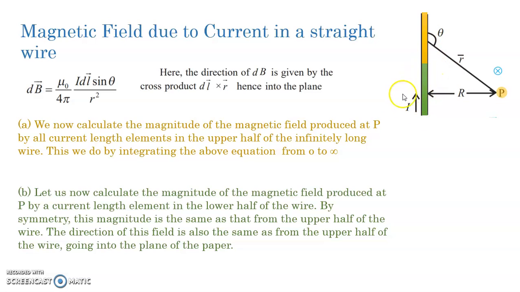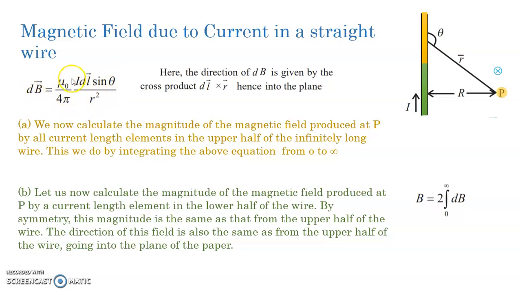That is, it is also going into the plane. Adding both the contributions, that is magnetic field due to upper half of the wire and lower half of the wire, the total magnetic field at point P is given as B is equal to 2 times integration of dB from 0 to infinity.